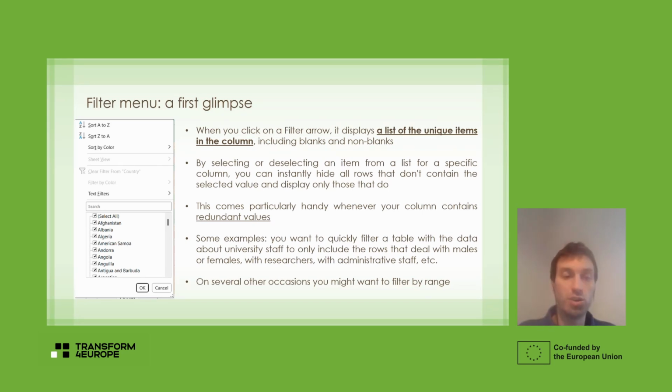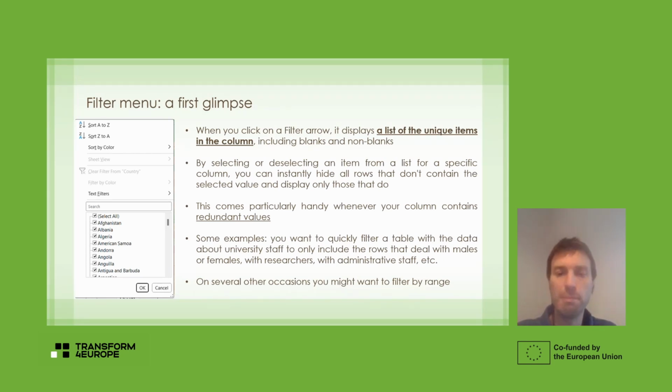You will get a short list of all unique terms like professor, technician, administrative staff, and so on. And you can deselect everything and just pick professors. And this will lead to a much smaller table that will only include the entries that match the professor value within these cells, okay?